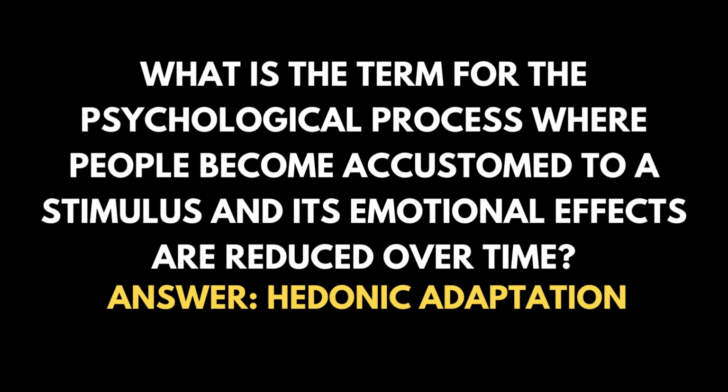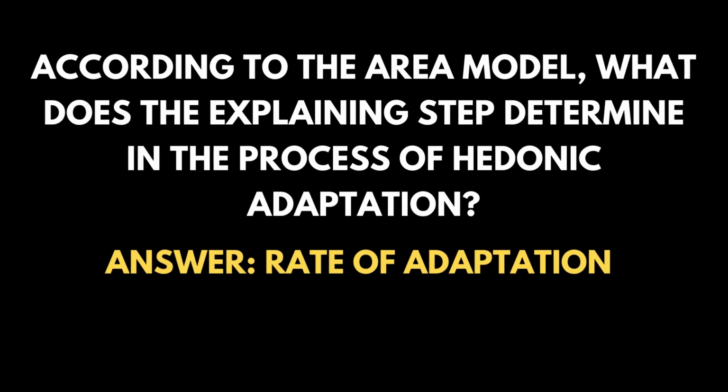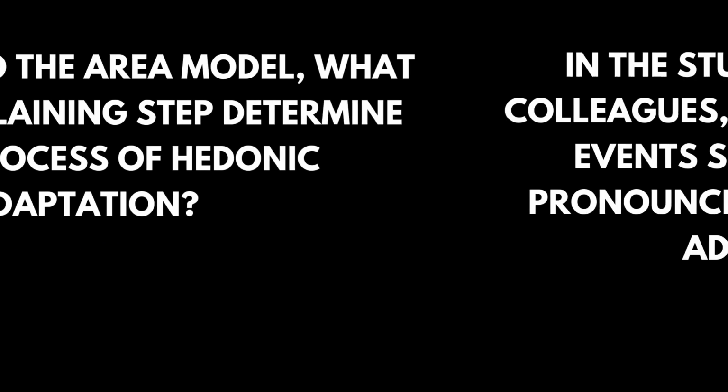What is the term for the psychological process where people become accustomed to a stimulus and its emotional effects are reduced over time? Hedonic adaptation. According to the AREA model, what does the explaining step determine in the process of hedonic adaptation? Rate of adaptation.